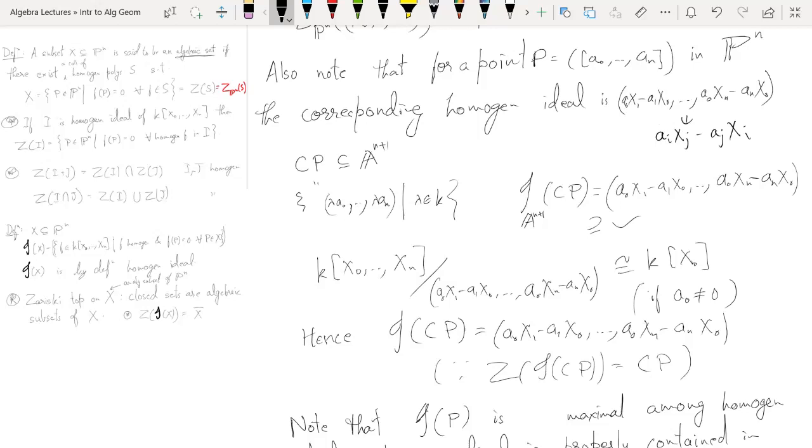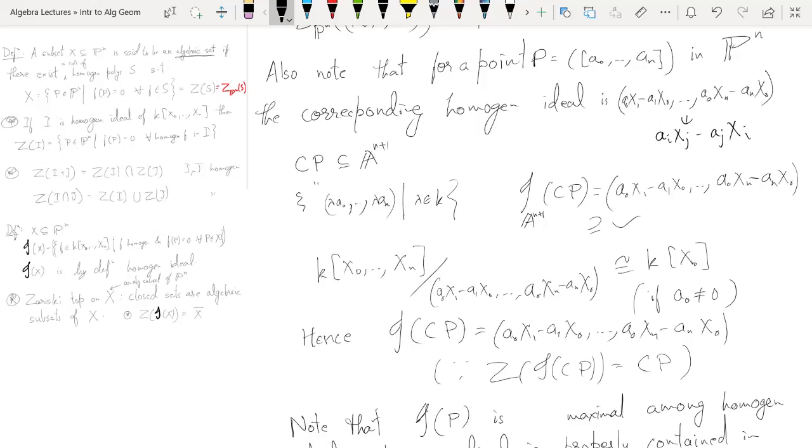So it contains all these, and the ideal generated by all these where i and j vary between 0 and n gives you this. Okay. So the first thing we observe is that the ideal of P is this guy.